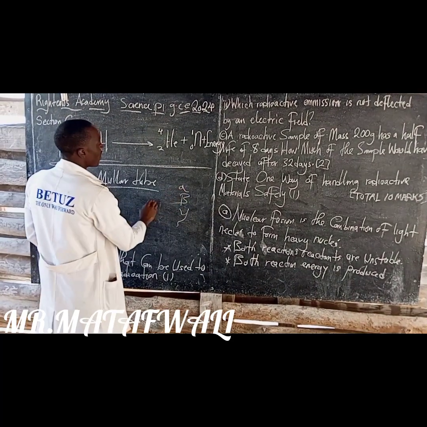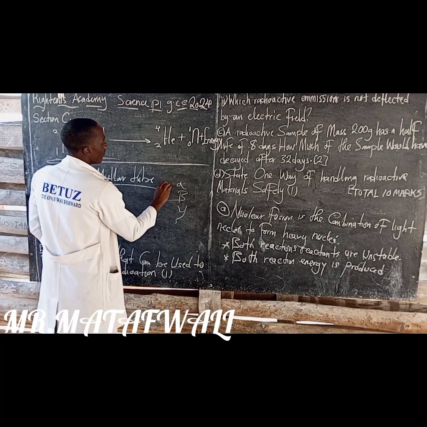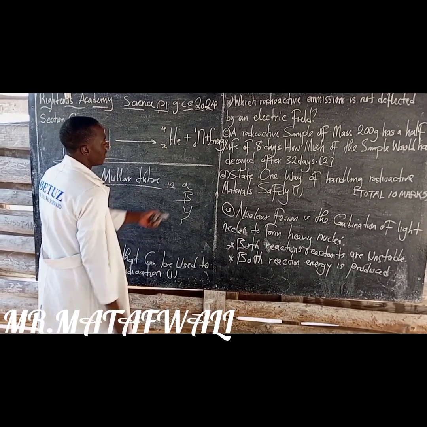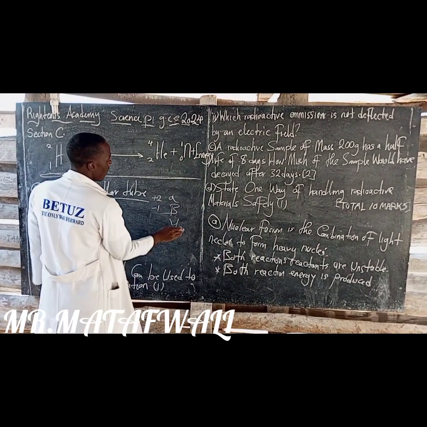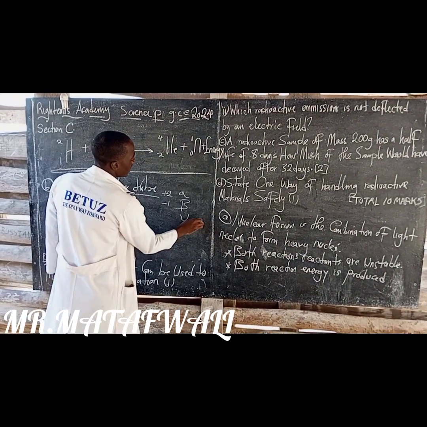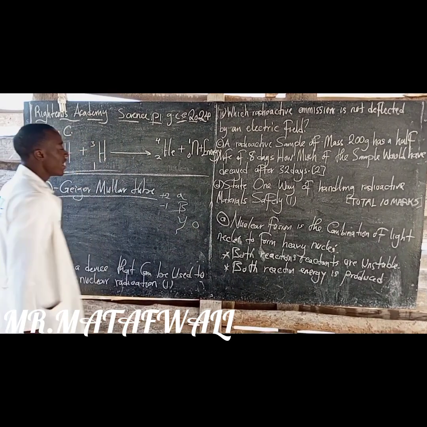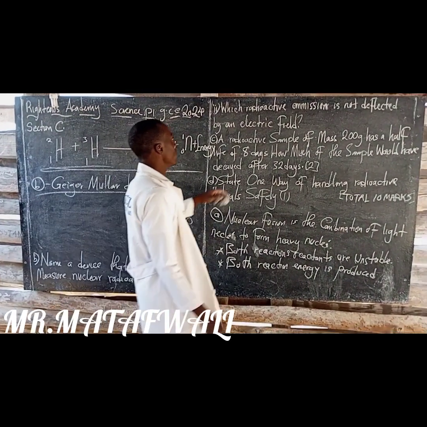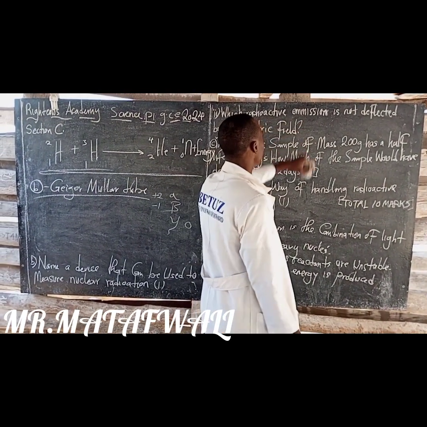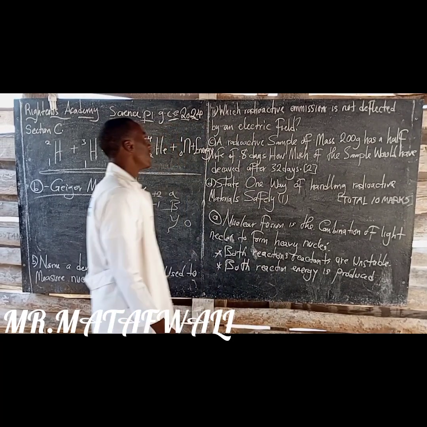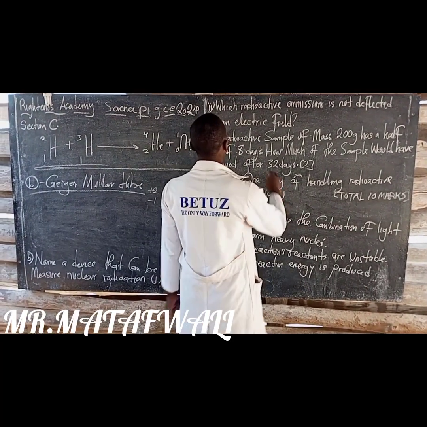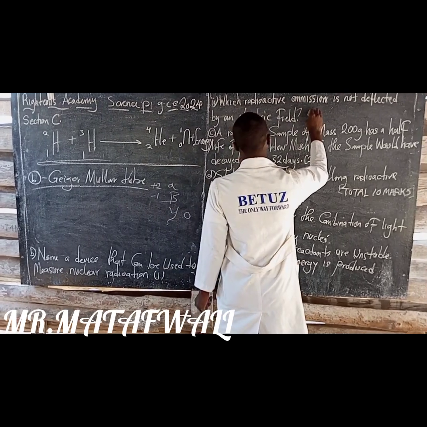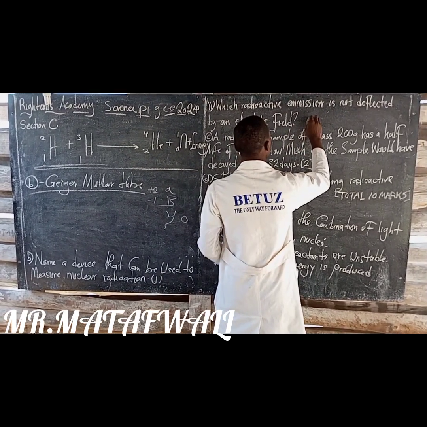So for alpha, we have positive 2 as the charge. Then for a beta particle, we have negative 1. While for a gamma ray, it is neutral. So a gamma ray, since it is neutral, is not going to be affected by the electric field and the magnetic field. So the answer for question B2 was a gamma ray.